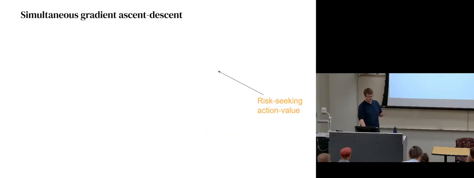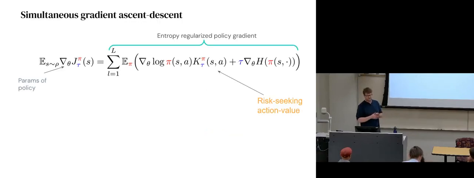That's what I'm going to actually run as an algorithm, which is this simultaneous gradient descent ascent. I'm going to do standard entropy regularized policy gradient over these parameters of the policy, which are now a neural network or something. The only difference to regular policy gradient is that this critic is the risk-seeking action value rather than just the value.